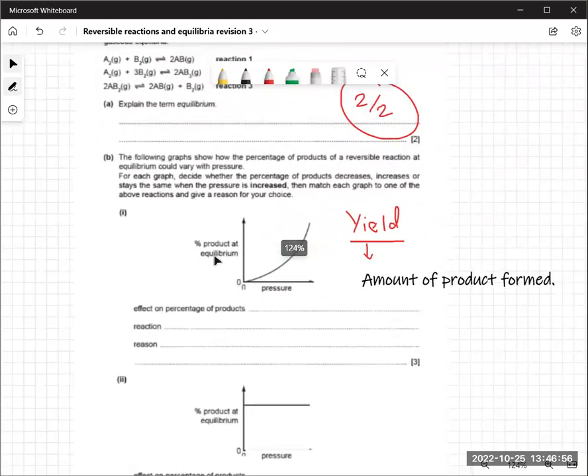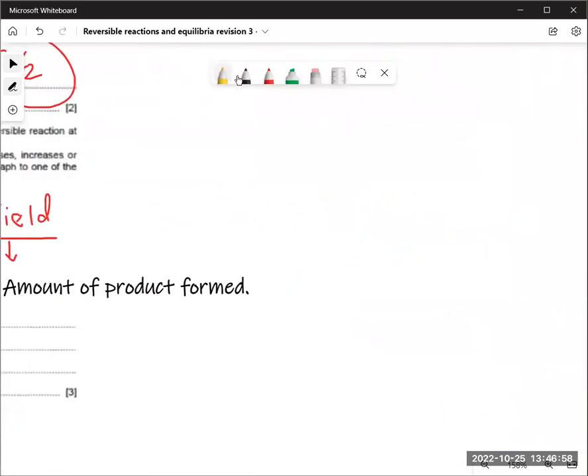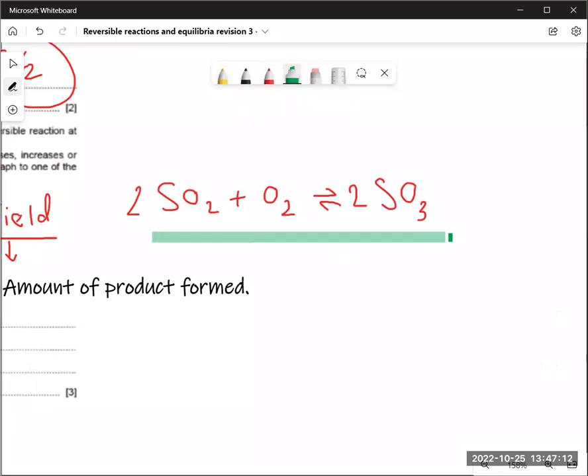Right. So they're asking us what will happen. If I have any reaction, let's have the reaction SO2 plus O2 gives us SO3. Now this reaction, if I'm going forward, whose yield is increasing?